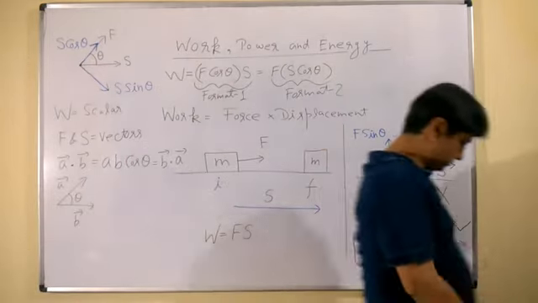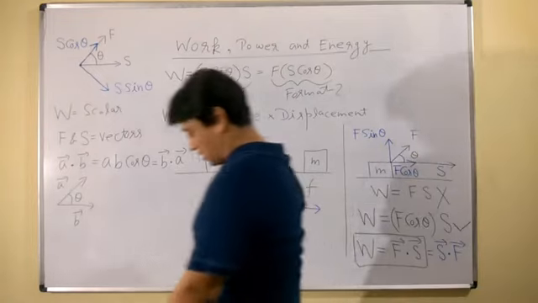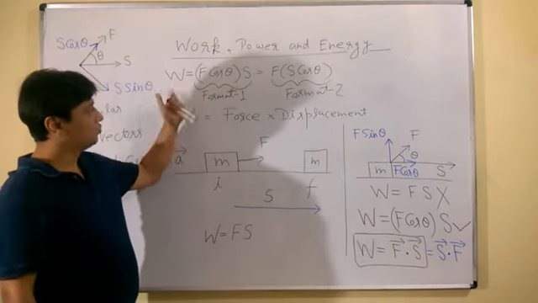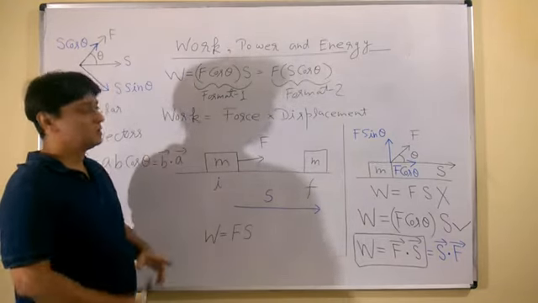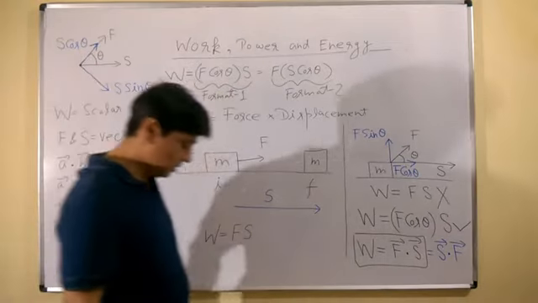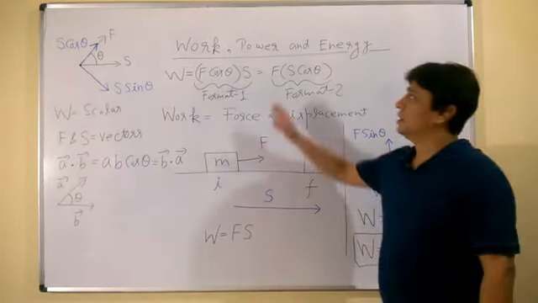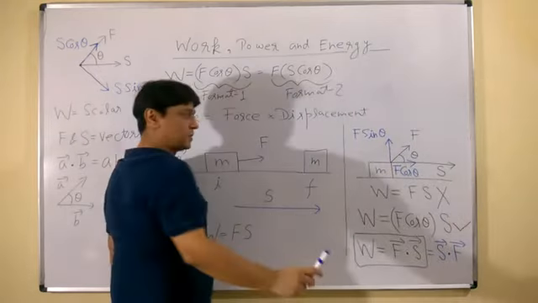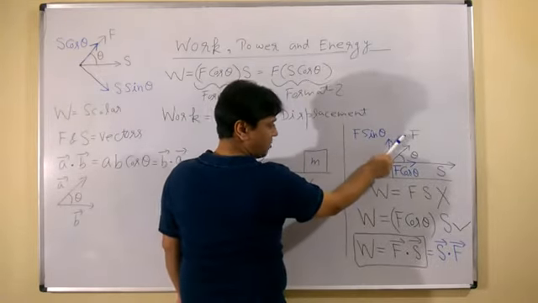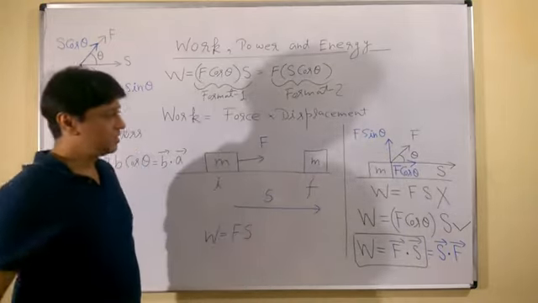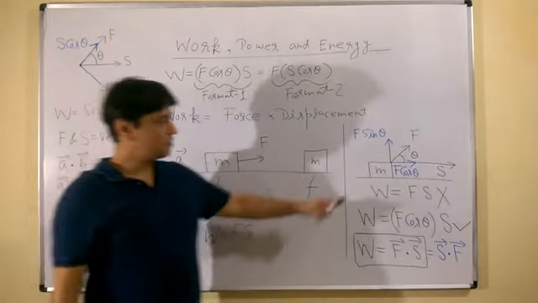In format 1, work is displacement multiplied by component of force in the direction of displacement. Component of force in the direction of displacement.